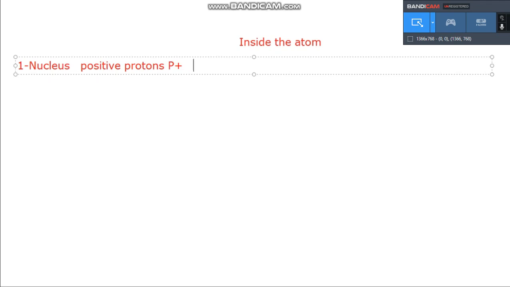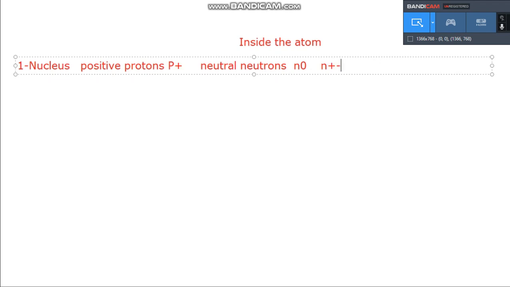It also contains neutral neutrons. They have no charge. We will give them the symbol N0, or we can say N plus minus, because they are neutral.